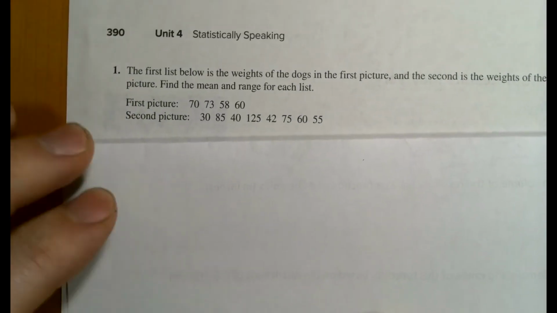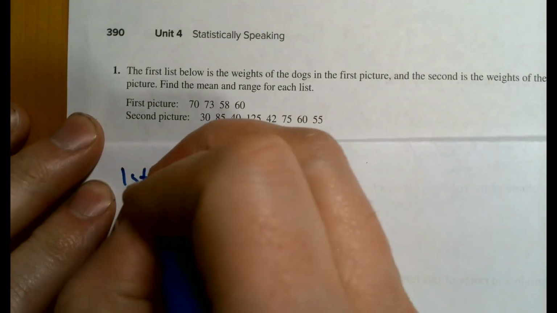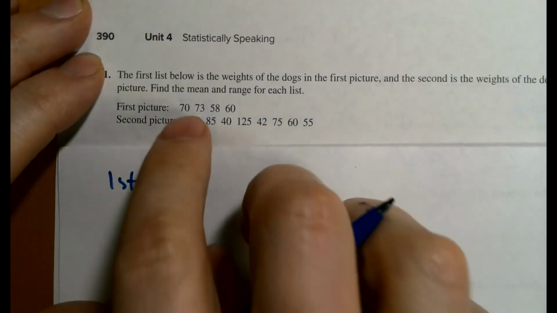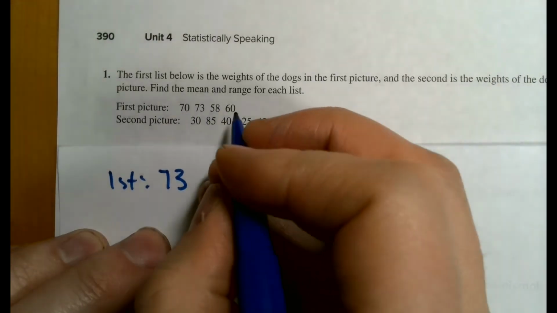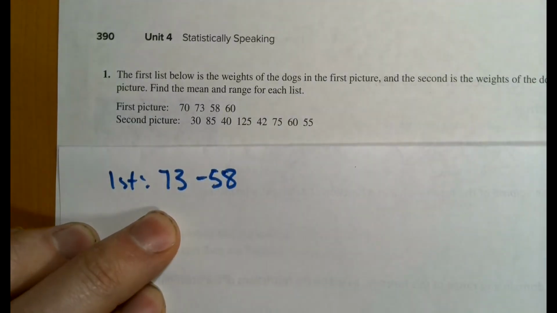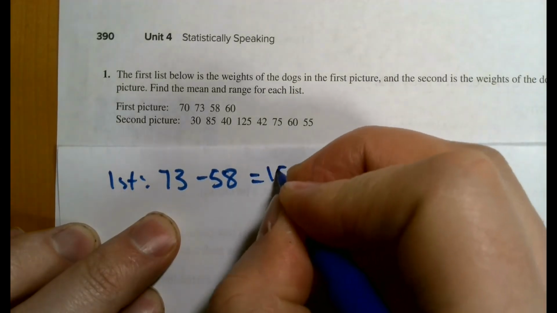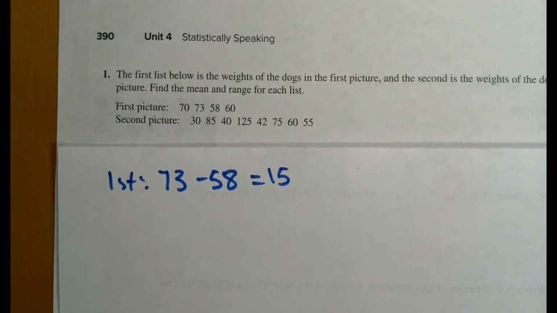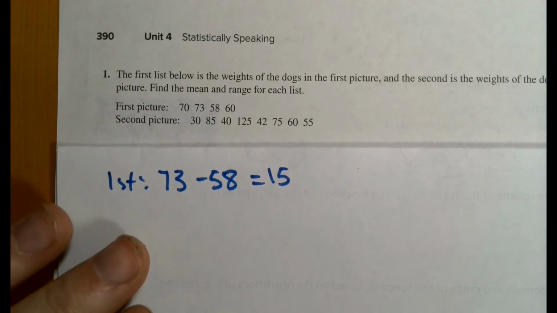For the first picture, the largest number is 73 and the smallest is 58. And 73 minus 58 is 15. So there's a 15-pound difference between the top weighing dog and the bottom weighing dog.